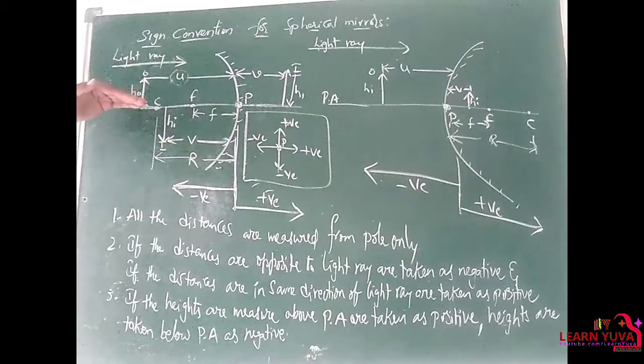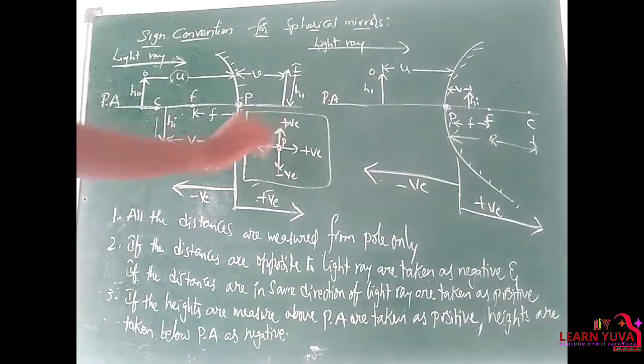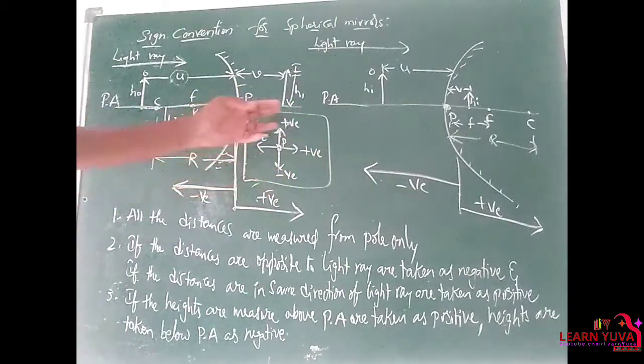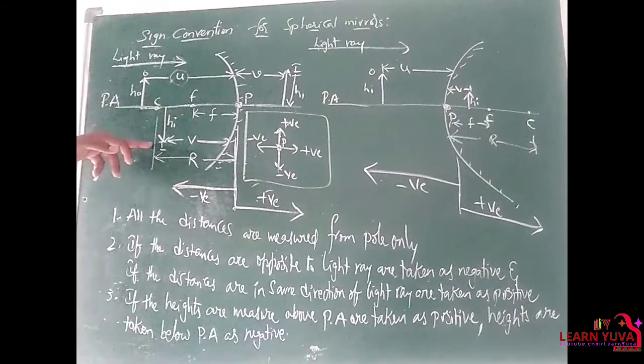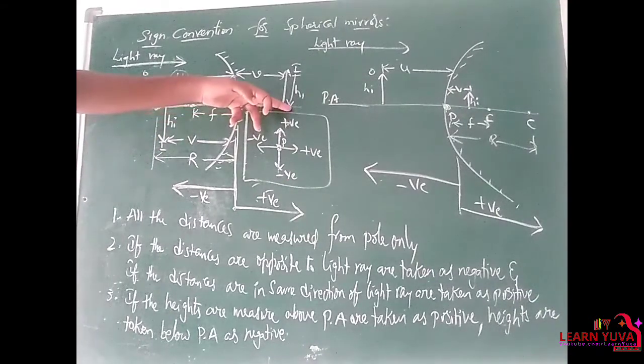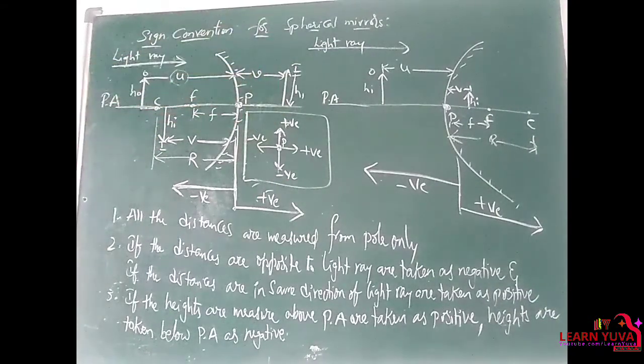Object height O, height of the object is above the principal axis, so upwards positive. By applying this, you can easily get height of the image downwards. For real images, I is negative. For virtual image, I is positive. Coming to the convex mirror, the same we have to apply.